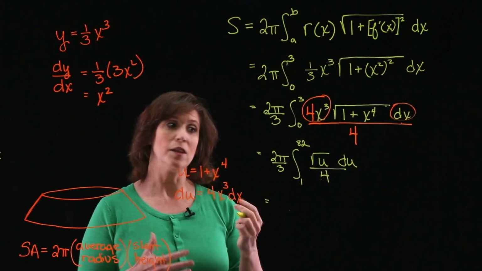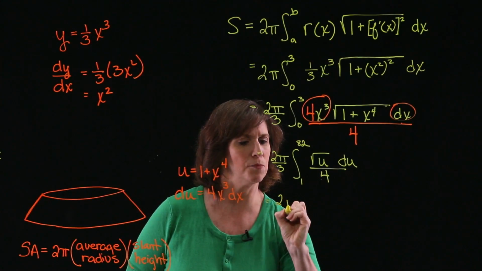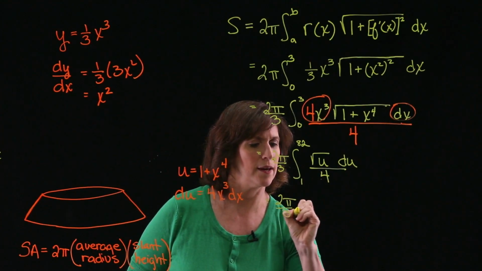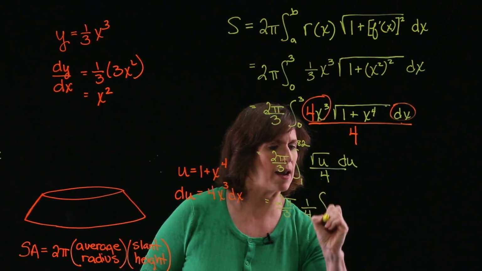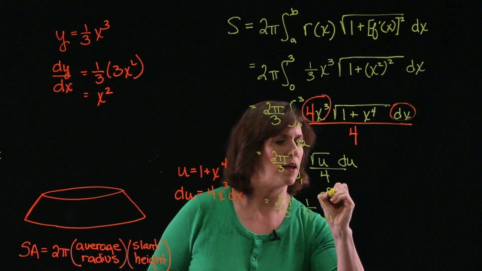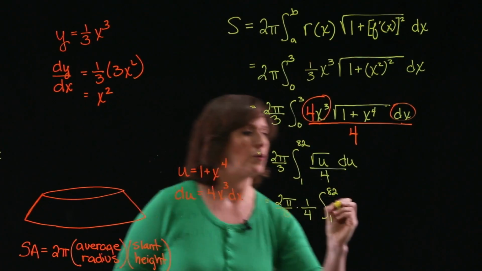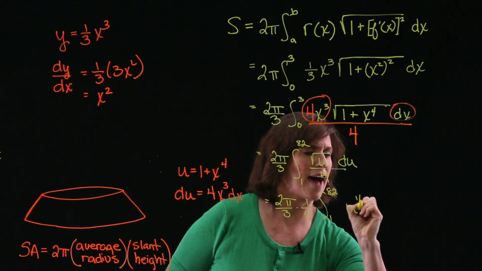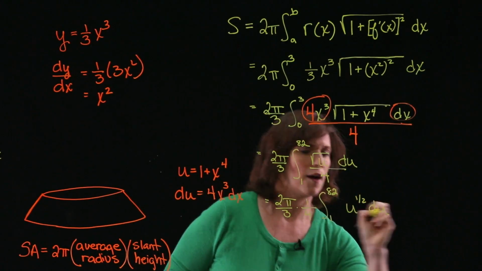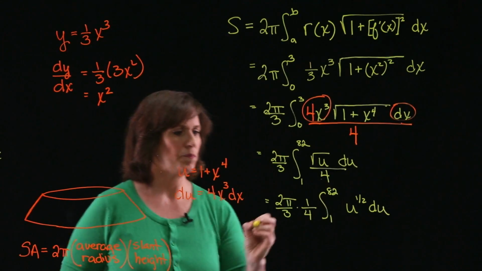So I'll begin by pulling the 1/4 out. So I've got 2 pi over 3 times 1/4, and I'll be integrating the square root of u, which I'm going to write as u to the 1/2 power, from 1 to 82.